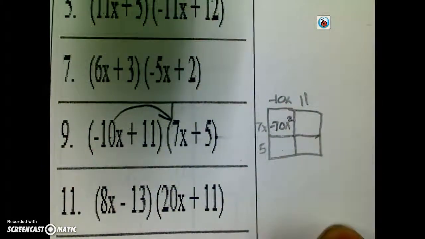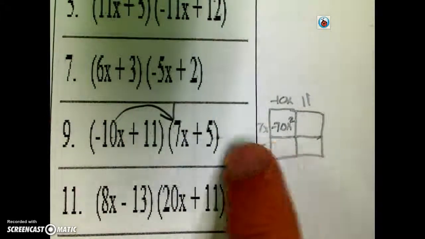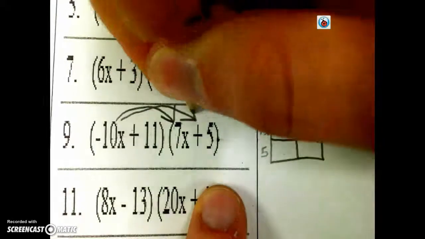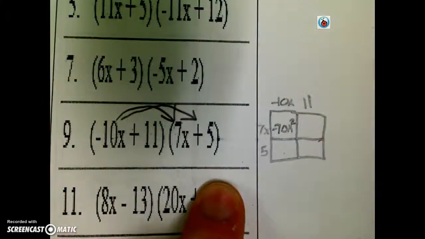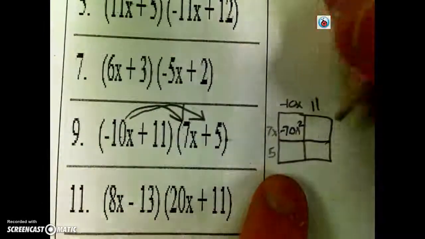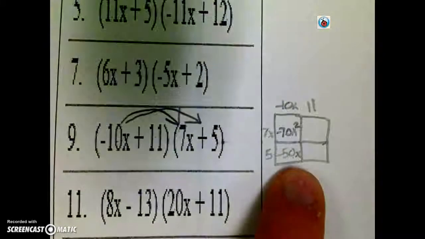That gives us an x squared. So I have a negative 70x squared, and I continue to multiply on. I've got my x times my 5. You can see how the box method gives us the same terms as our FOIL method. And there's one x with it.